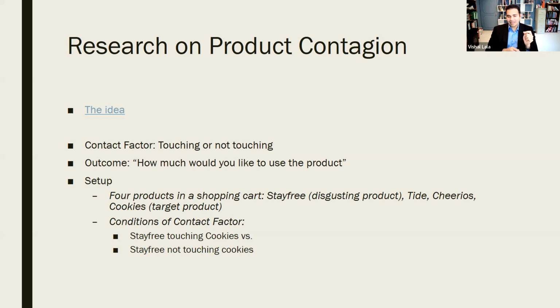Stay Free was marked as being the quote unquote disgusting product. The product of interest was a box of cookies. In one classroom, Stay Free was in contact with the cookies. In another classroom, in the shopping cart, they were set far apart. Students were asked, amongst many other questions, how much would you like to use this product?